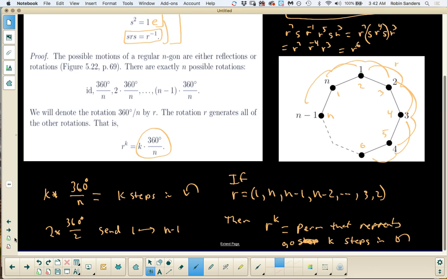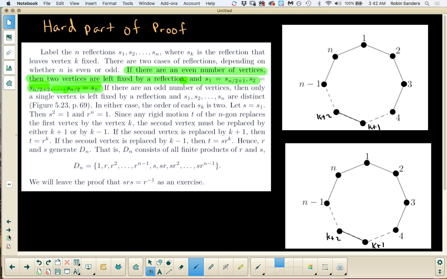Well, what about the reflections? That's where this particular proof gets a little bit weird. And I want to kind of highlight this one step at a time. First of all, the author is talking about labeling reflections that leave the vertex k fixed. And I kind of want to do just a little bit of that.